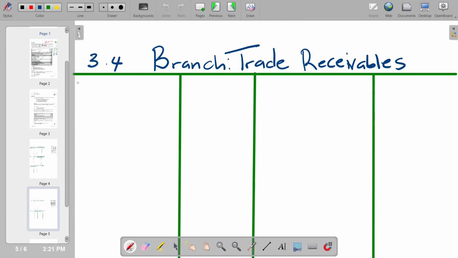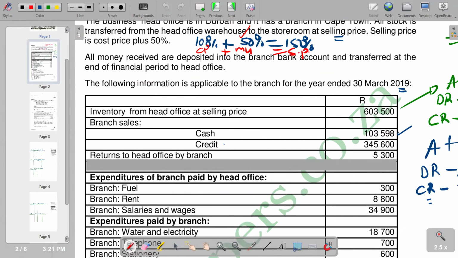So we are saying branch inventory. So remember the amount is 345,600. 345,600 is indicated on this part.